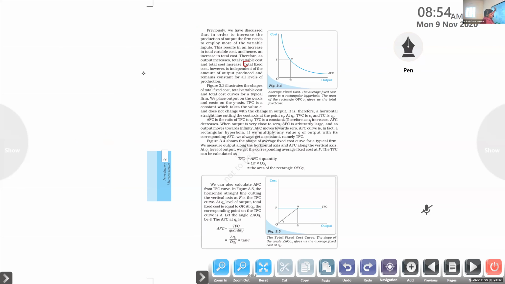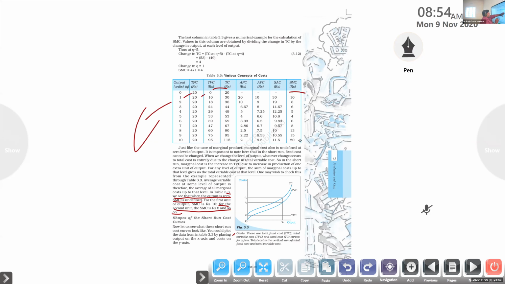There is no change in that because we are not making any change in this input, so it doesn't have any relation with the total cost.